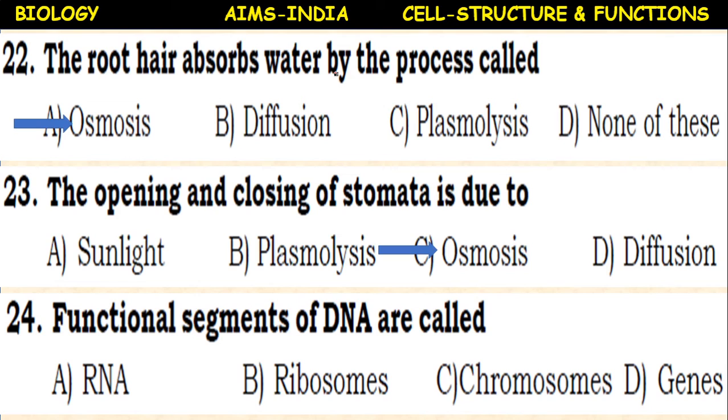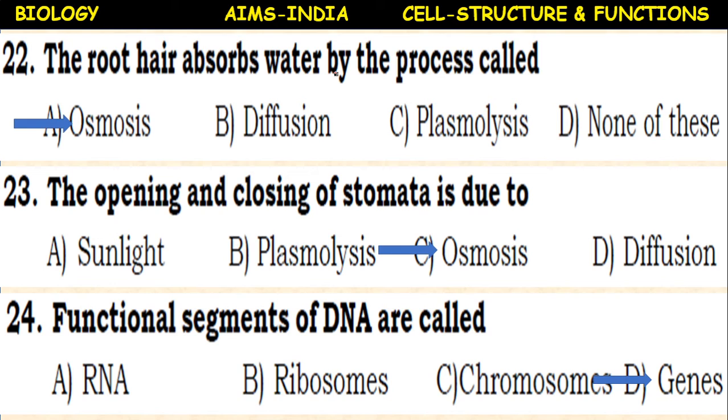The functional segments of DNA are called, what is DNA? Genetic material. What is the full form? Deoxyribose nucleic acid. Where is this DNA present? In the nucleus, isn't it? So the functional segments of DNA are called RNA, ribosomes, chromosomes, genes. The structural and functional unit of heredity is called genes.